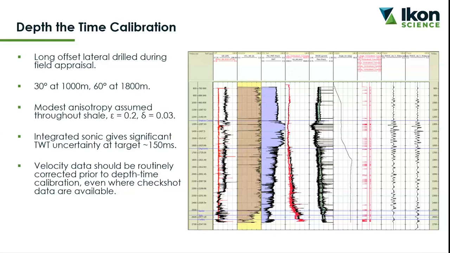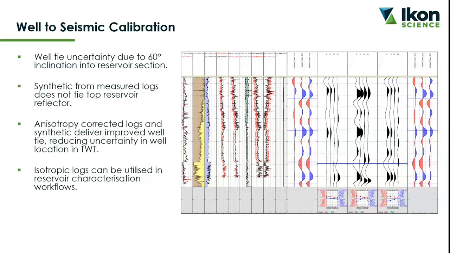Similarly, where we drill wells through these highly inclined sections and we want to tie them then to the seismic, you'll very often find that they don't tie very well. And depending on the elastic property configuration of the cap rock and the reservoir rock or target rock, you can end up in situations where you have almost no well tie.